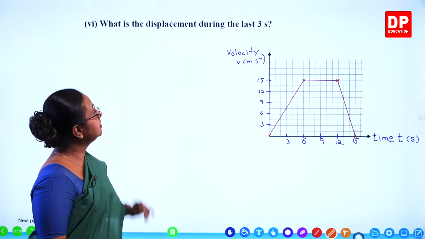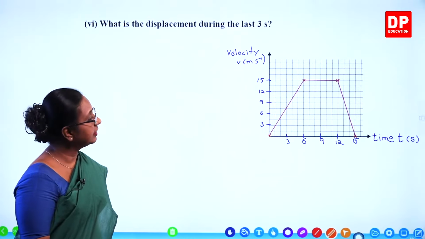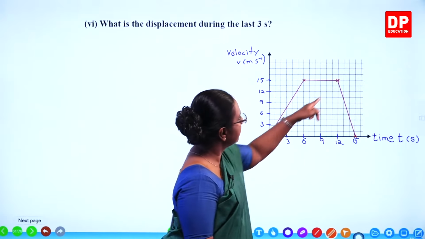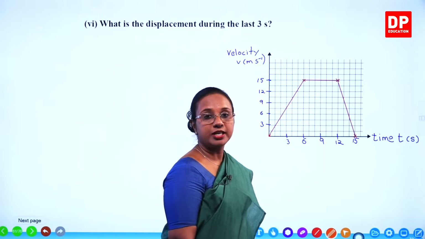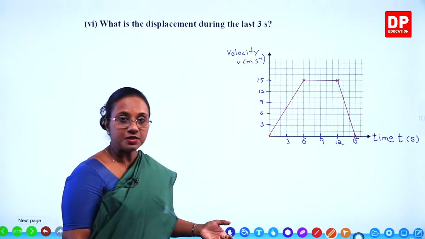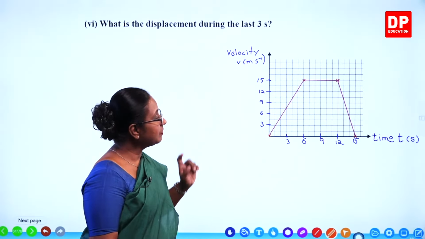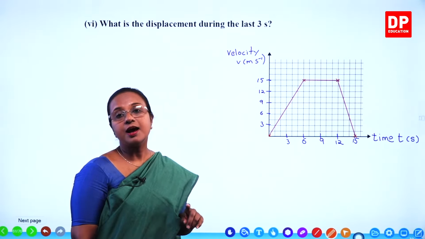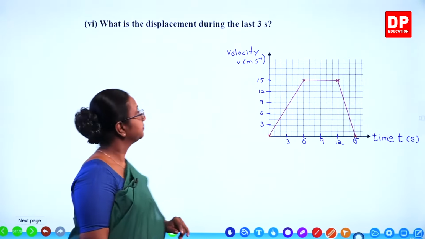Then what is the displacement during the last 3 seconds? So that is again the part where the body moves with deceleration. And you can remember, students, the displacement is calculated using the area under the graph.